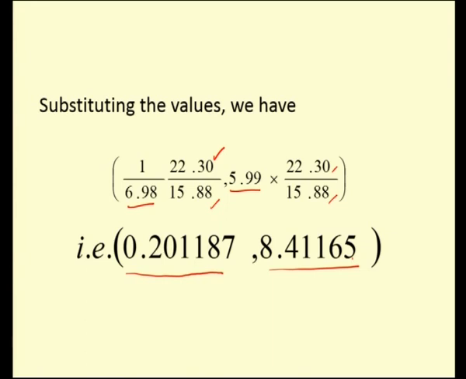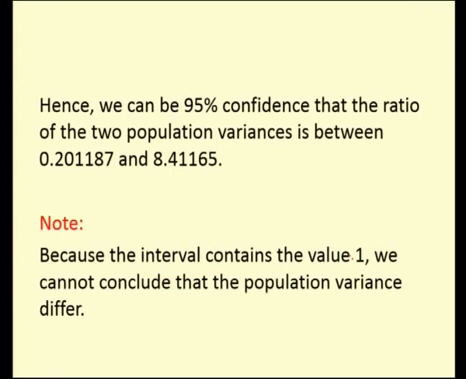Therefore, for method 1 and method 2, the ratio of the variances lies between 0.20 and 8.4. Hence we have obtained the 95% confidence interval for the ratio of the two population variances, and the values lie between 0.20 and 8.41165.